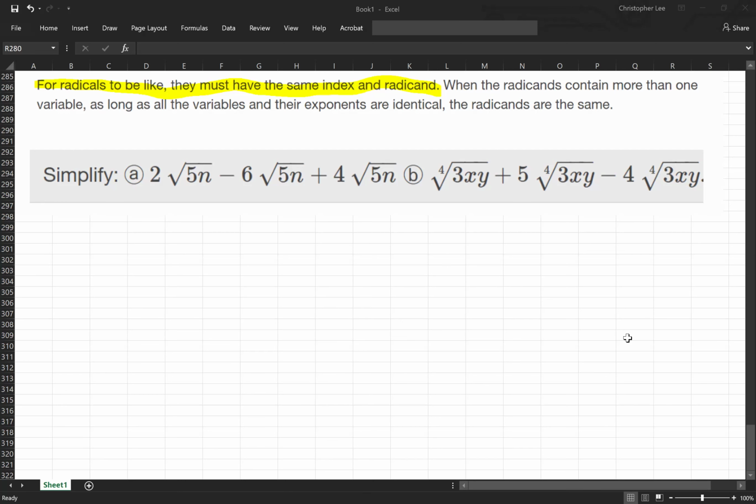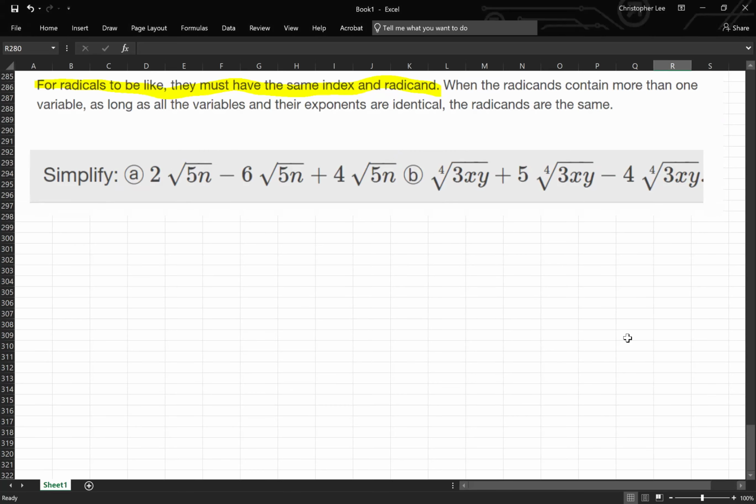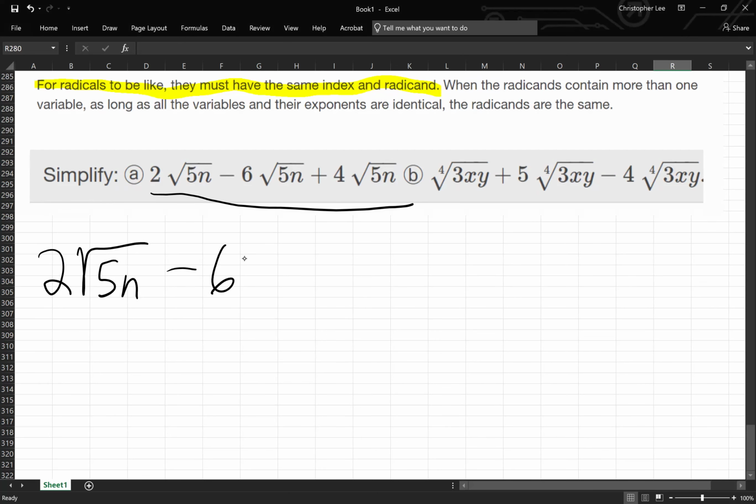All right, let's take a look at this. So just so I'm clear, this is my question here. I have 2 square root 5n minus 6 square root 5n plus 4 square root 5n, right?